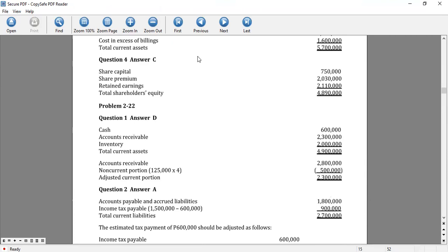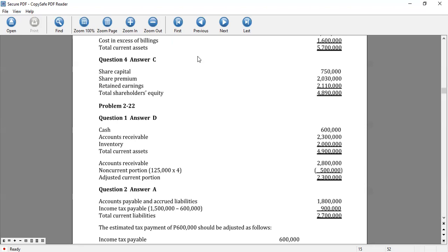Next problem, we have 2-22. Show company provided the following trial balance on December 31, 2020, which had been adjusted except for income tax expense. So, how much total current assets in number 22? Cash, accounts receivable, inventory.